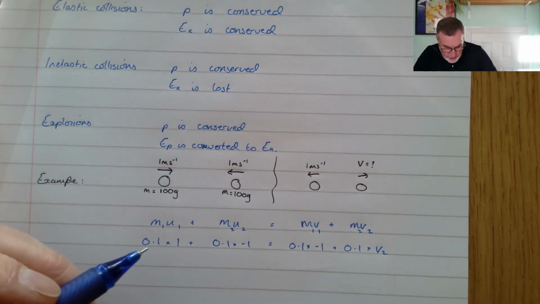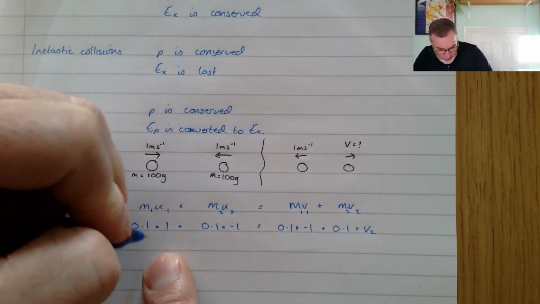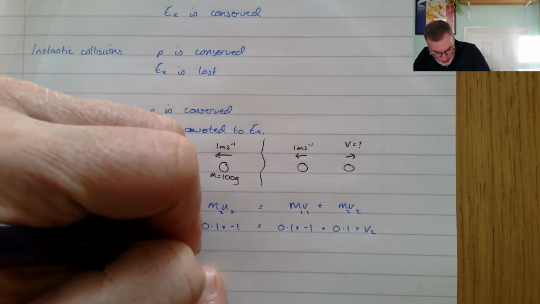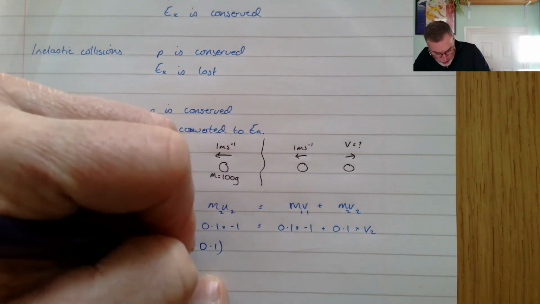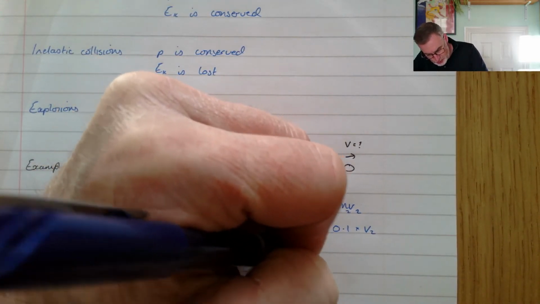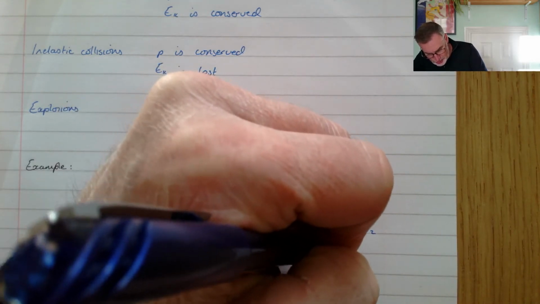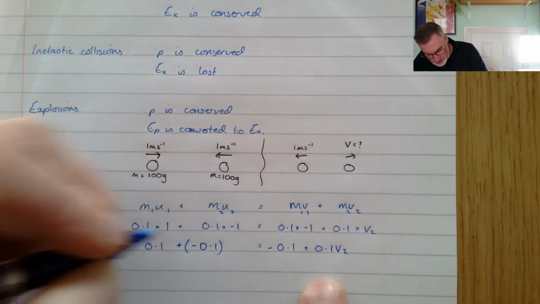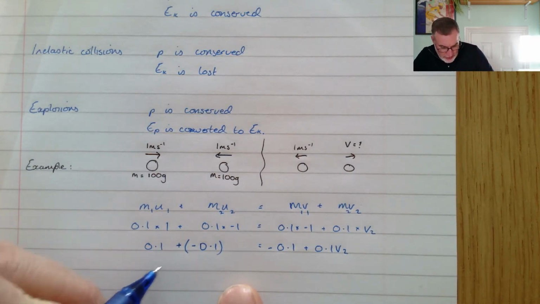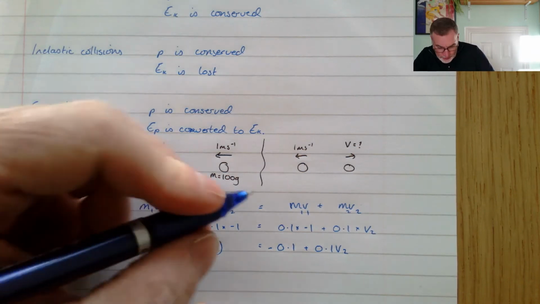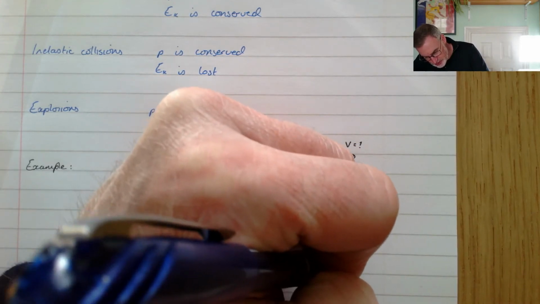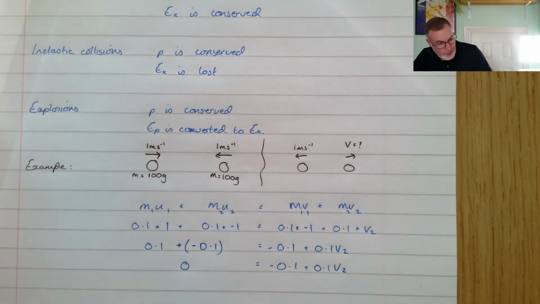I'm sure you can see what's going to happen here with the momentum. The momentum before 0.1 plus, and then we're going to have minus 0.1, and then minus 0.1 plus 0.1 V2. So this is going to equal 0.1 minus 0.1, which can be 0, equals minus 0.1 plus 0.1 V2.